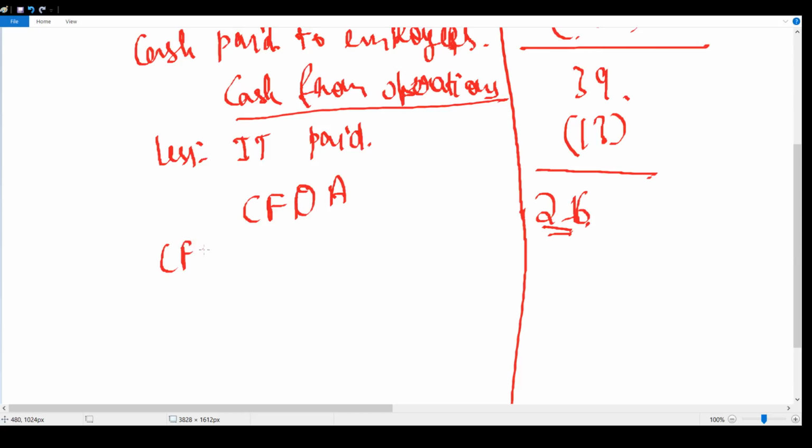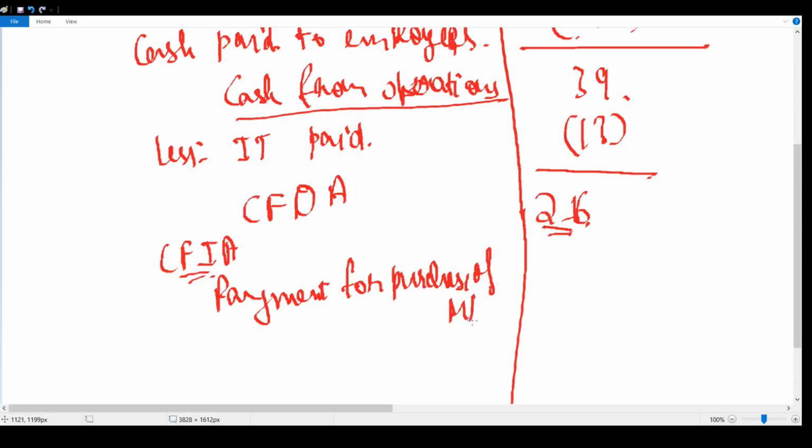Cash from investing activities. Payment for purchase of machine comes out to be 40 crores. Then proceeds from the sale of machinery.